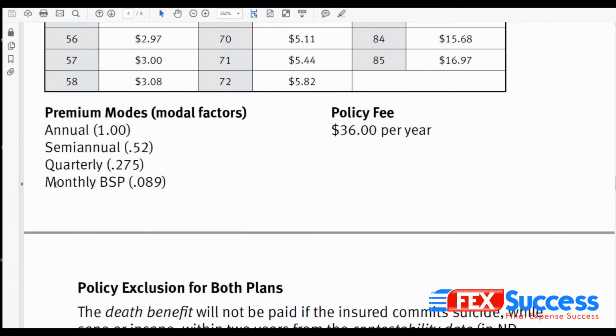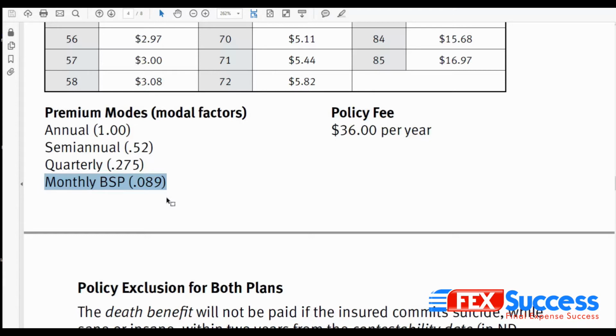If they want to pay annually, they'll just write you a check for that amount. Most people are going to want to do the monthly bank draft. So we take the annual premium and multiply it by this factor here. A lot of agents think that you take this number and divide by 12 to get the monthly premium. Well, that's not the case. You actually take the annual premium, $327.60, and multiply that times 0.089.